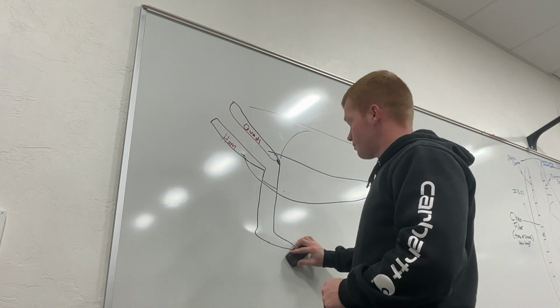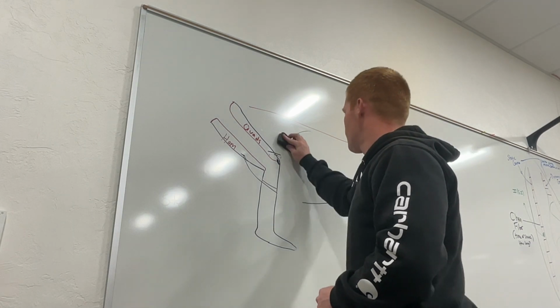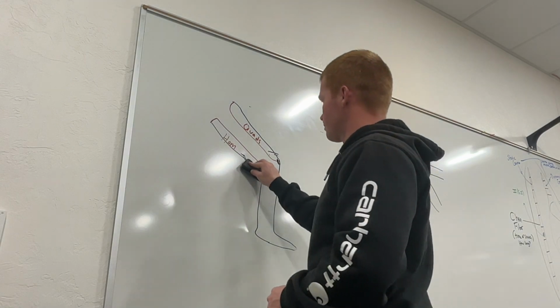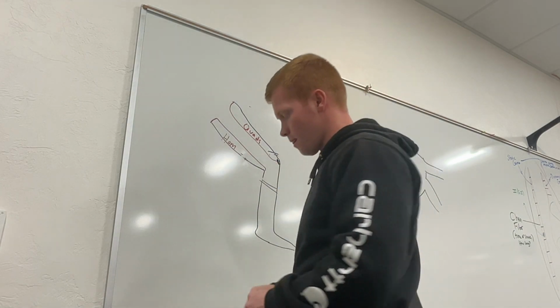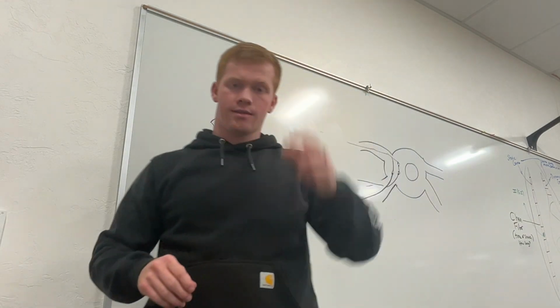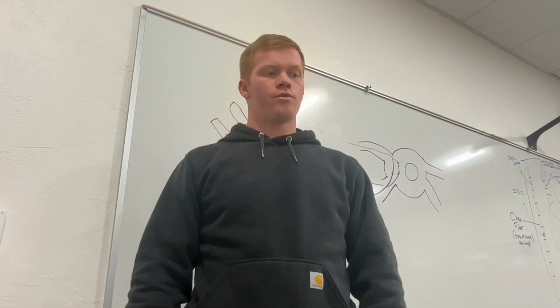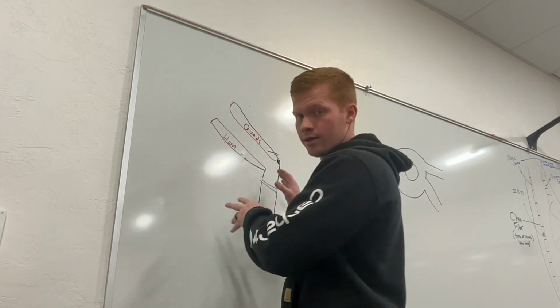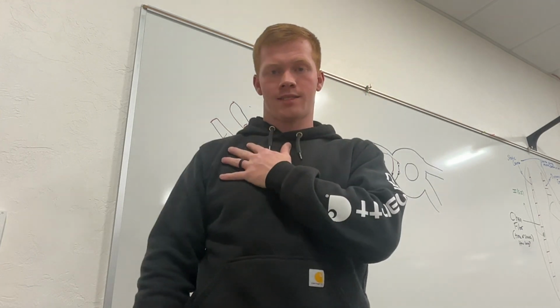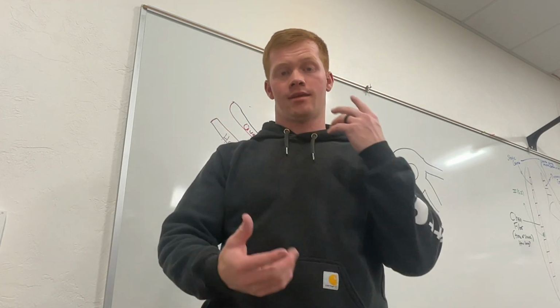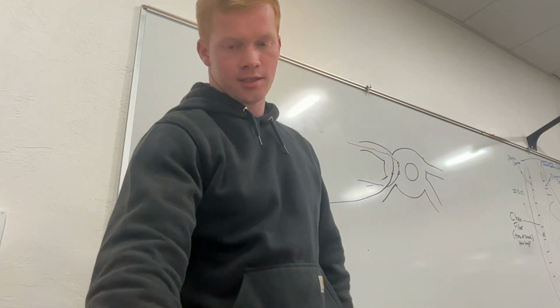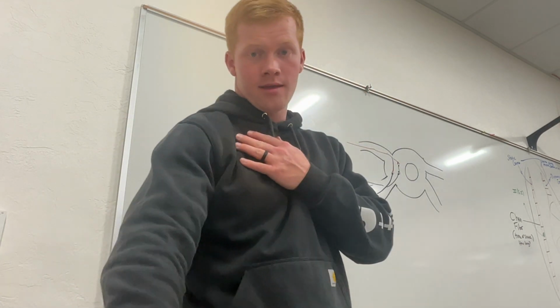The last one is the withdrawal. I'm just going to stand here to explain this one. So this one pretty much does the same thing that we talked about here on one side, but the opposite side does the opposite of that. So let's say I'm going to touch a hot stove. It's really hot.